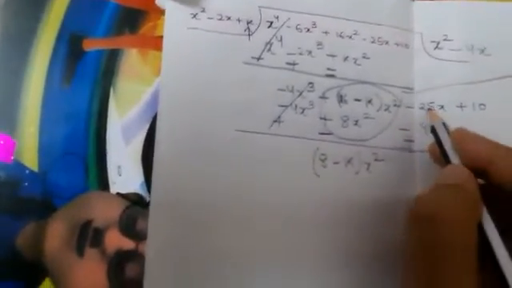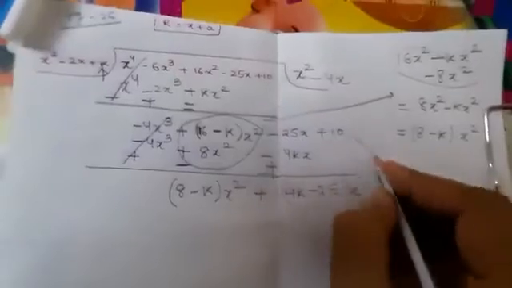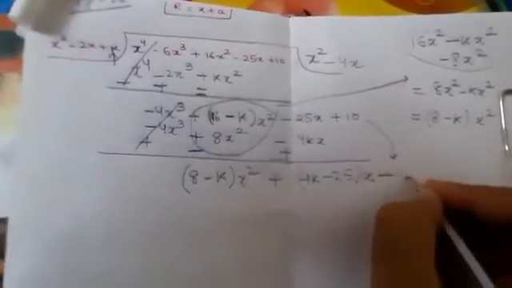So solving this, we shall get 8 minus k into x square. Let us solve this part as well. Minus 25 plus 4k. So I am taking positive term first, 4k, and then minus 25. x is common from both the terms, and this plus 10 as it is.